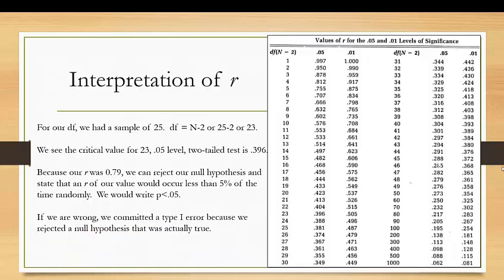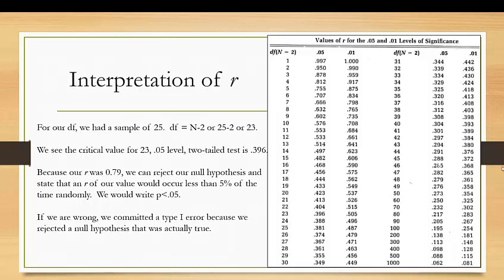So if we are wrong, let's say we are wrong, we're saying there's only a 5% chance that we randomly picked the 25 smartest math kids. If we are wrong, just to revisit what we studied in the past, then we committed what we call a type 1 error, remember. In other words, we rejected our null hypothesis, we accepted our alternative hypothesis, when in actuality, our null hypothesis was true.